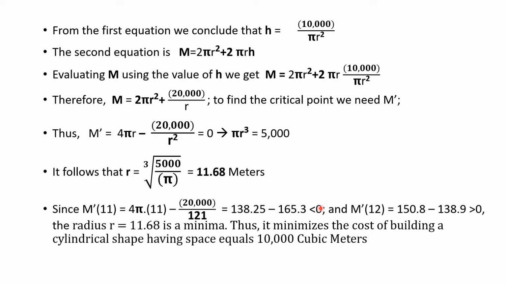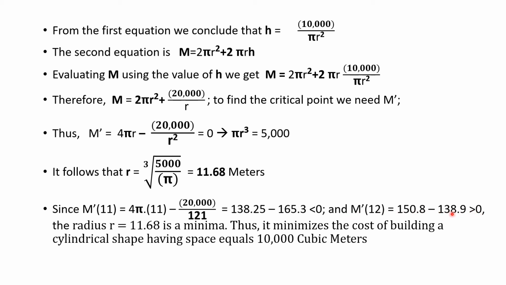That means the slope is negative at r equal to 11. Let's take a look at r equal to 12. M prime of 12 equals 250.8 minus 138.9, that's greater than 0.